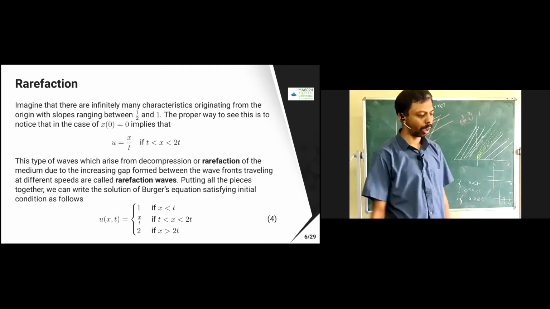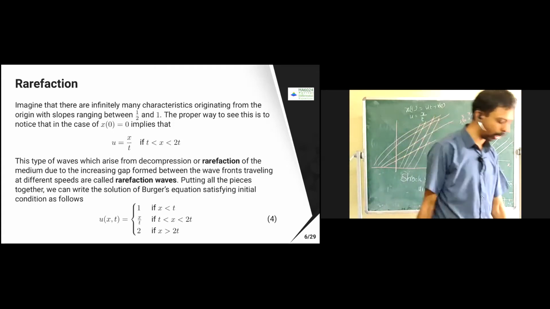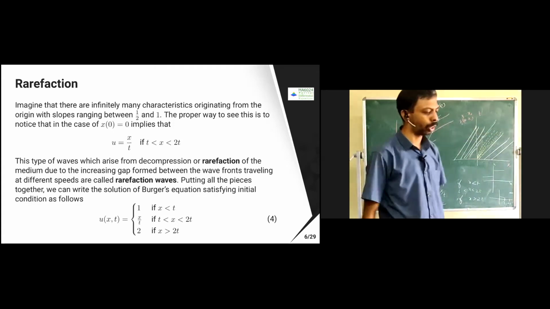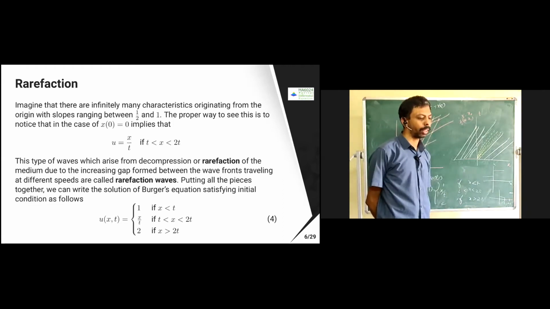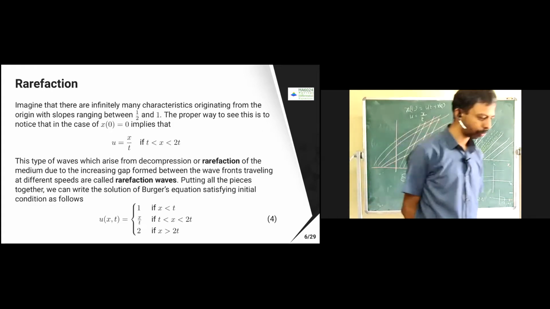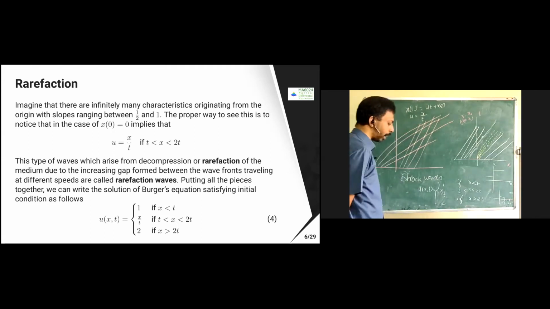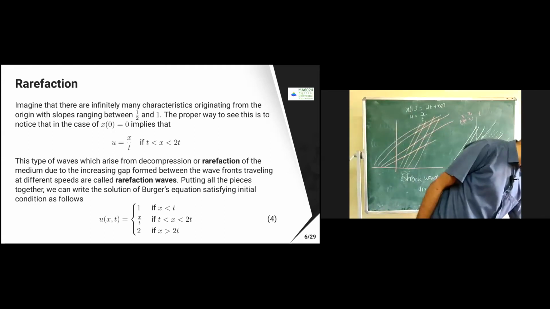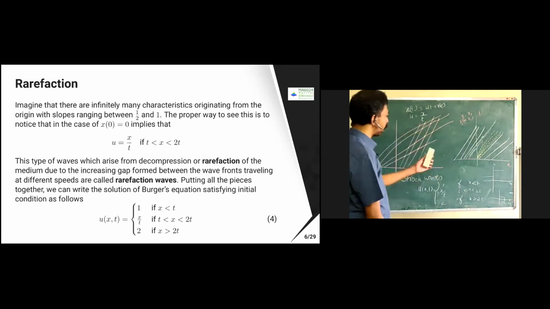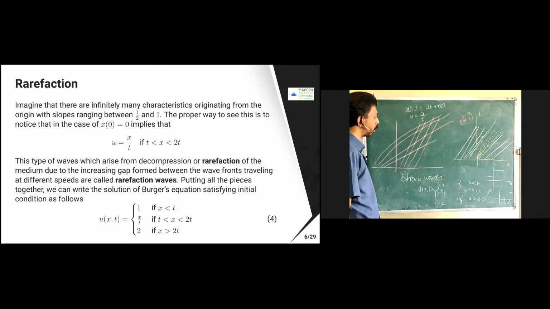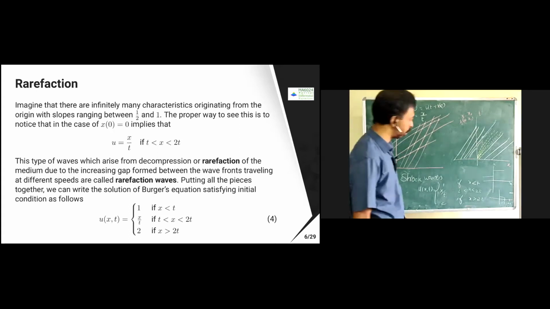So in this case, they are traveling at different speeds. That is called rarefaction. Okay. So this is one of the important problems. If you see some of the gas dynamics problems, this is one of the important problems where we study the rarefaction gas waves. Okay.